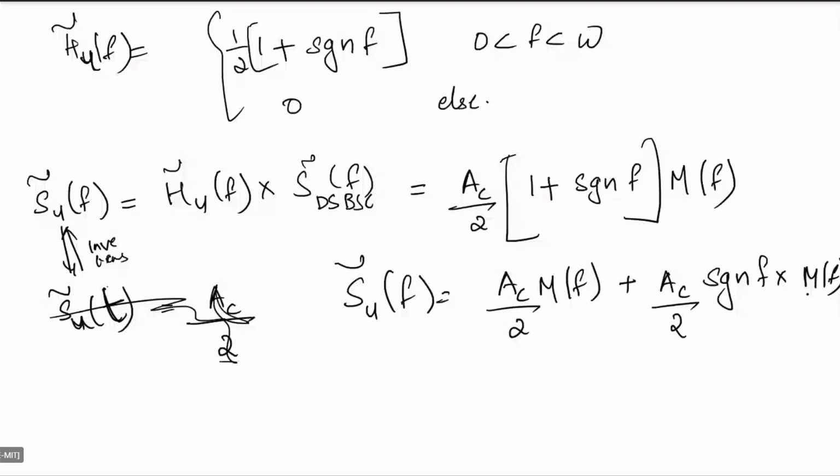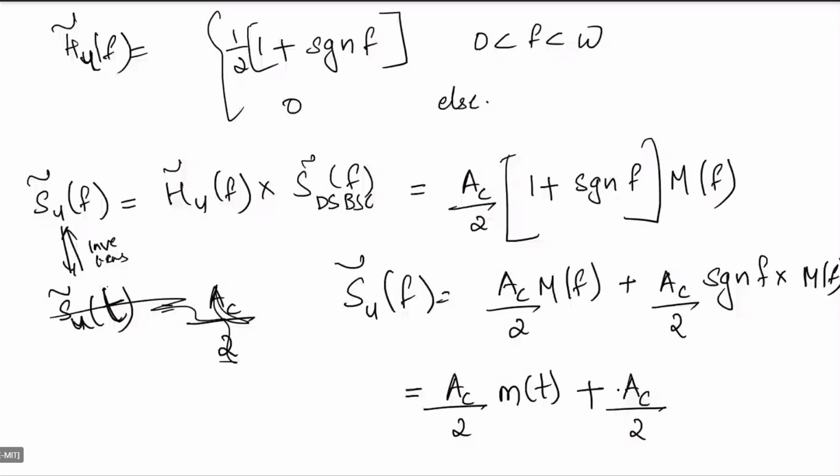So this will be equal to Ac by 2 into M of t plus Ac by 2 into the inverse transform of signum f M of f.